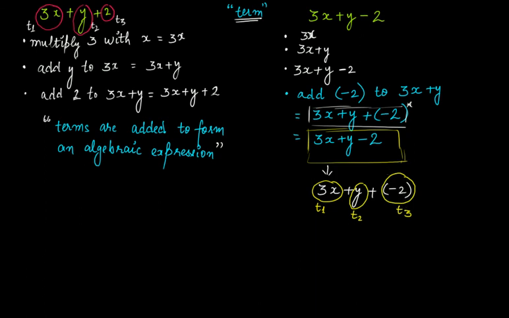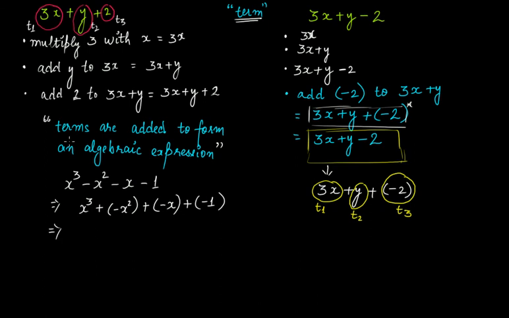So if somewhere you see an algebraic expression, let's say x cube minus x square minus x minus 1, you quickly write it this way: x cube plus minus x square, because when this bracket opens this will become minus finally, plus minus x, plus minus becomes minus, plus minus 1, plus minus becomes minus.